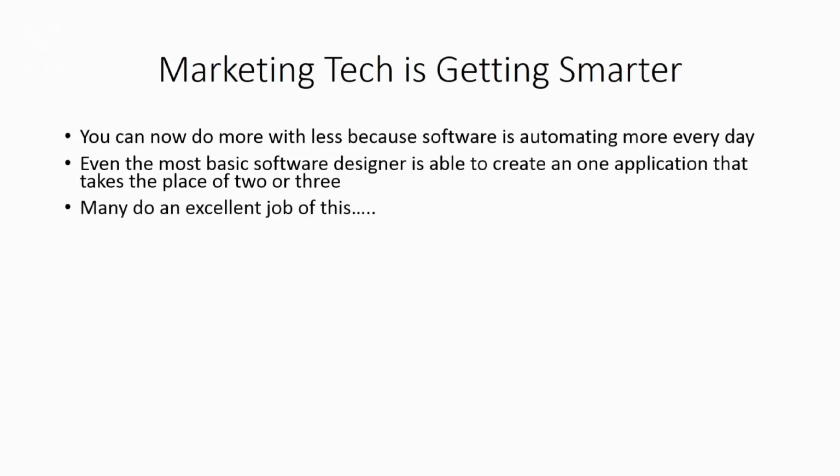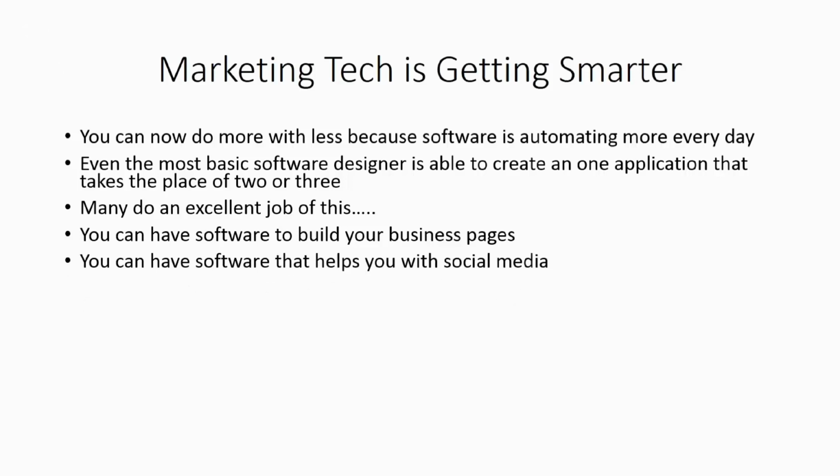Now, many of these software designers, many of these applications, are doing an excellent job of combining applications. You're probably seeing that. You probably purchased some of them. And you can now have software to build your business pages. You can have software that helps you manage your social media instead of having to go in every day; it automates and manages that process.